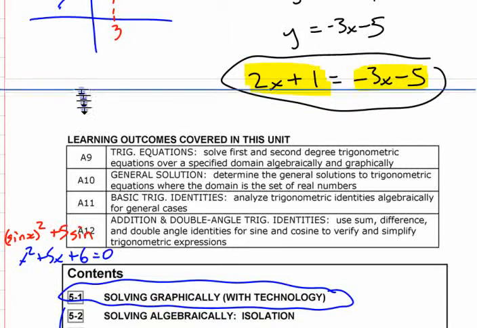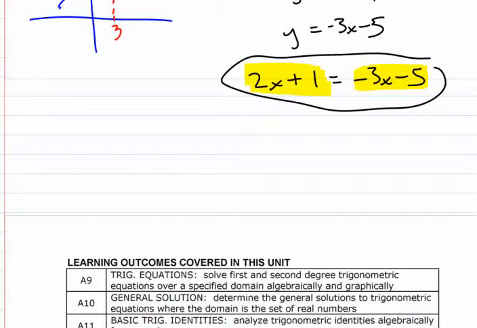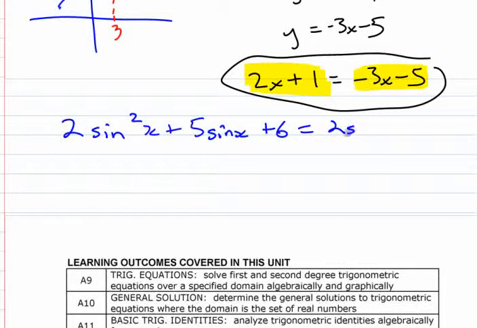You're going to be able to do well at this if you make some connections with what you already know. If you see an equation that says 2 sine squared x plus 5 sine x plus 6 equals 2 sine x minus 7, and you want to solve that algebraically, you think about the things you know.